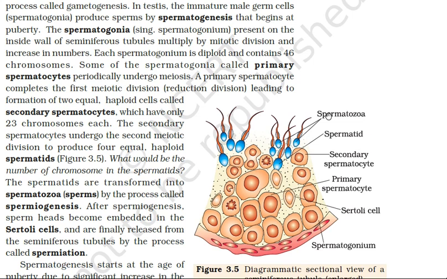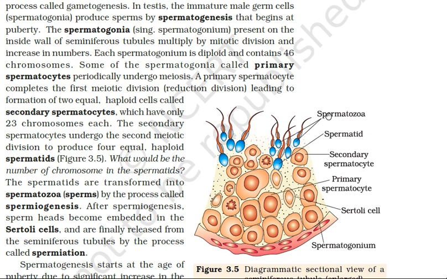During development, the flagellated tail of the sperm projects into the lumen, while the head is embedded in the Sertoli cell. You can see on the screen that the spermatid head is embedded in the Sertoli cell for attaining nutrition, and the flagellated tail is in the lumen.